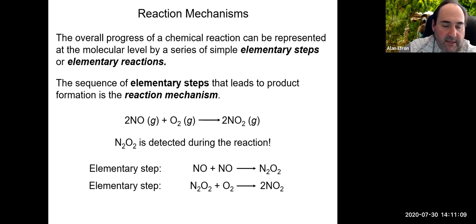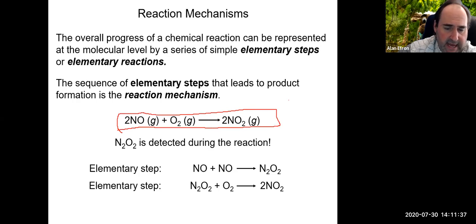When we do this reaction of 2NO plus oxygen to make NO2, during the actual process of doing this reaction, N2O2 is actually detected. And if it's detected in the process, it would have had to be made somewhere along the way. But we don't see it in the overall reaction. So obviously in the overall reaction, which is this one, we do not see any N2O2 present.